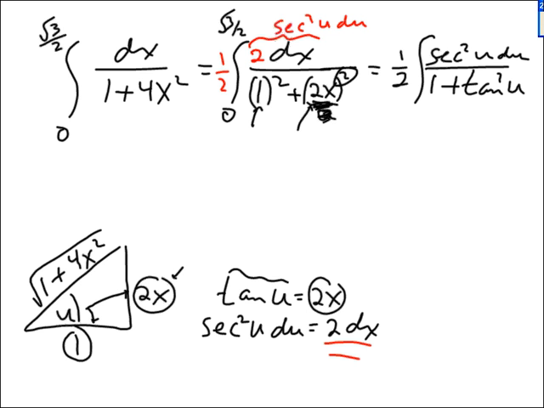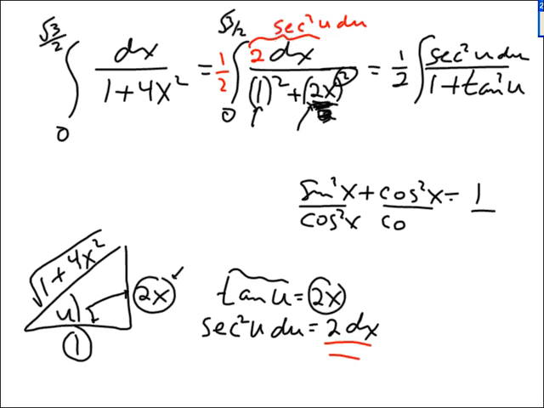Now, what you have to remember is this identity. If sine squared x plus cosine squared x is equal to 1, well, I'm going to divide everything by cosine squared x.